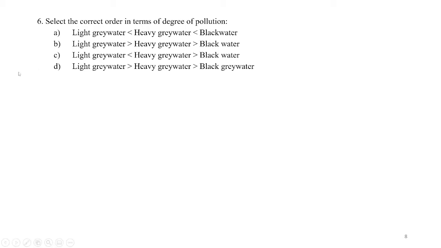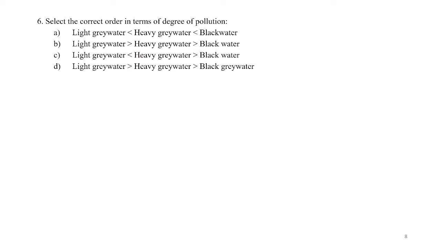So we have: select the correct order in terms of degree of pollution. Option A, light grey water less than heavy grey water less than black water. Option B, light grey water greater than heavy grey water greater than black water.